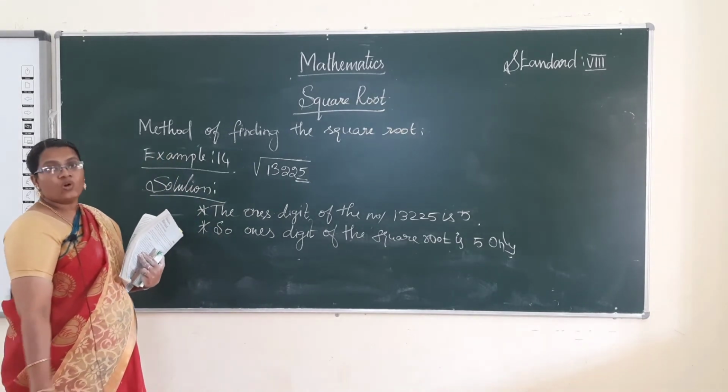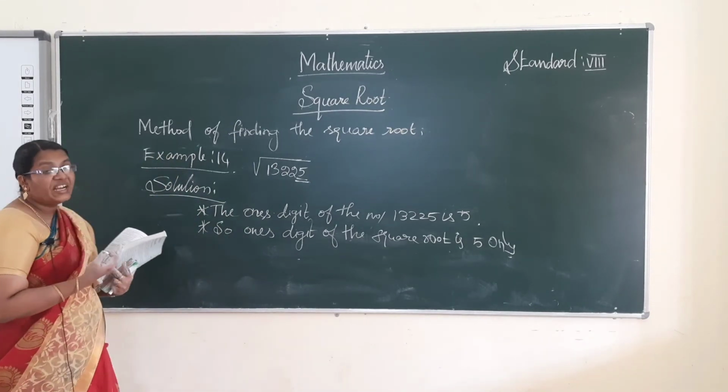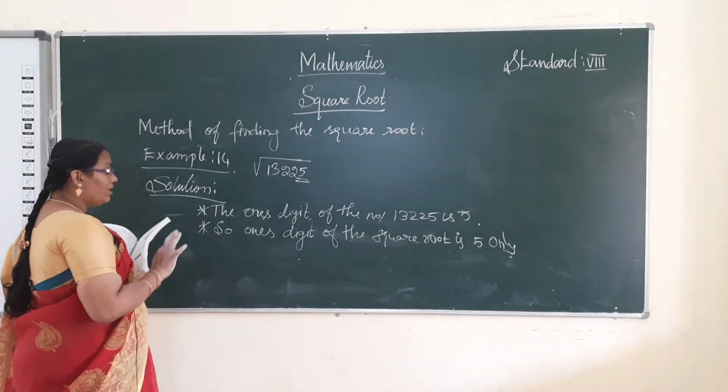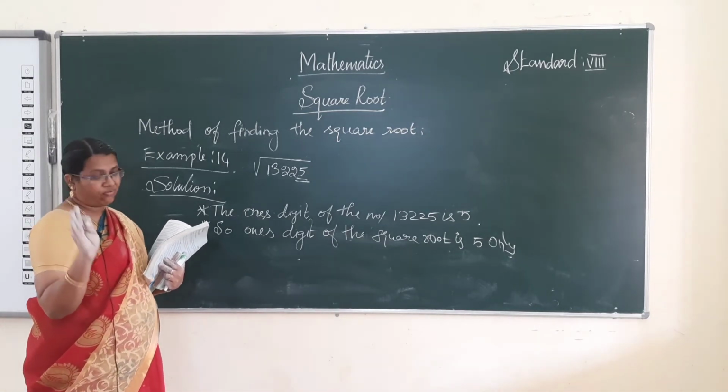Other possibility is not there, because the number ends with 5. So only one possible ones digit of the square root, which is 5.